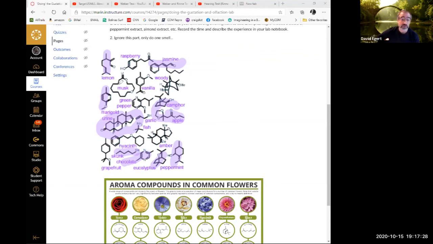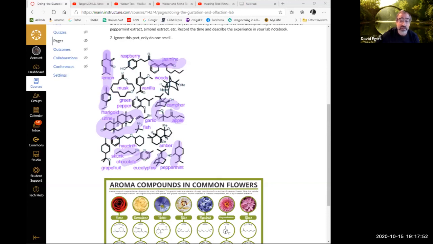Just the way you perceive 440 hertz air vibration as some musical note, or a frequency of electromagnetic radiation as, oh, that's red light. You detect this molecule as the smell of lemon, or this molecule as the smell of jasmine. So that's all smell is.